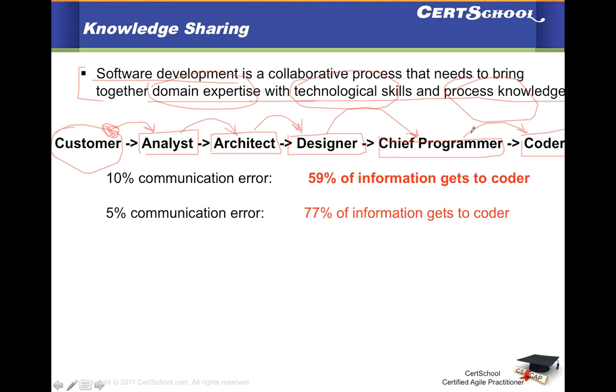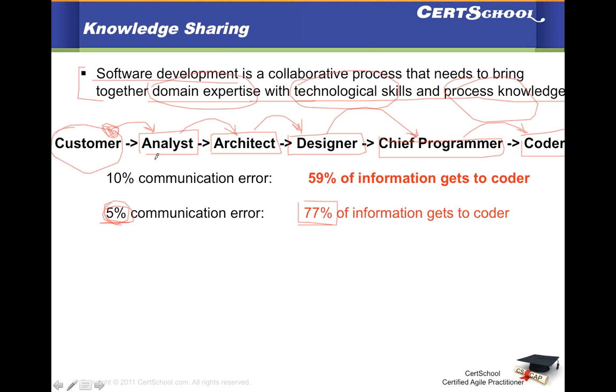who is actually trying to code what the customer had requested. Now, consider a small amount of communication error at every level, let's say 5%. There's always some noise introduced when you're exchanging information. Assuming a low communication error, only 77% of the information gets to the coder.